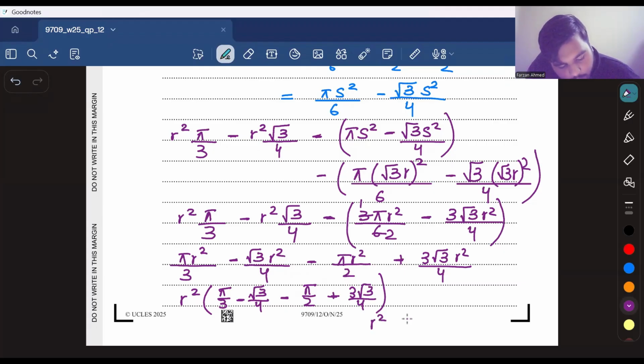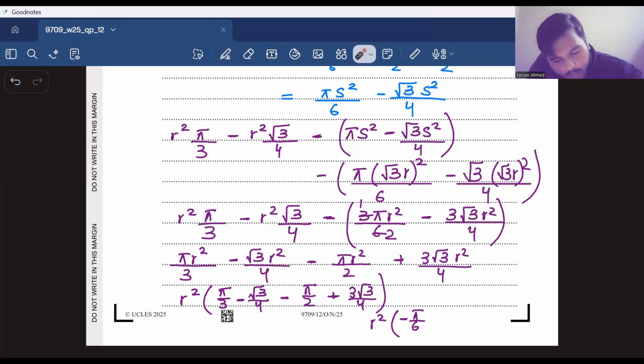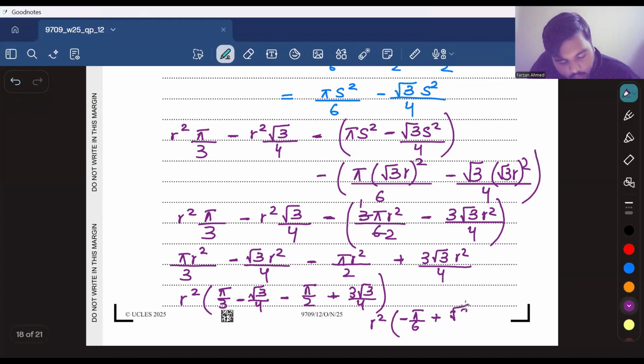So r square whole bracket minus pi upon 6, and if we do minus square root of 3 upon 4 plus this, so this will be plus square root of 3 upon 2. So this is our final answer.